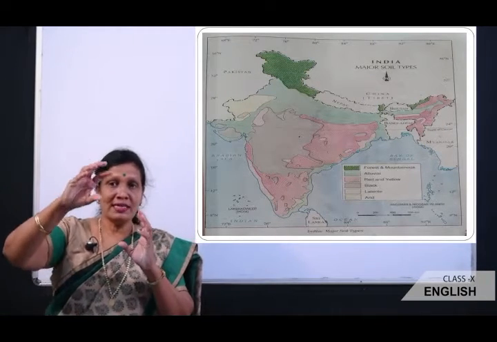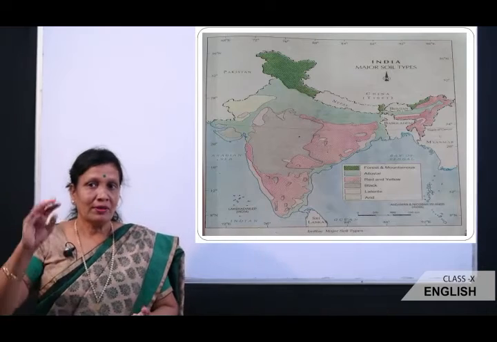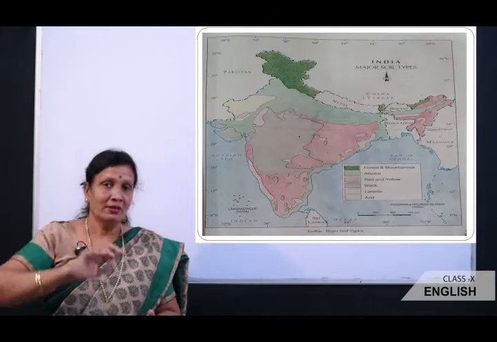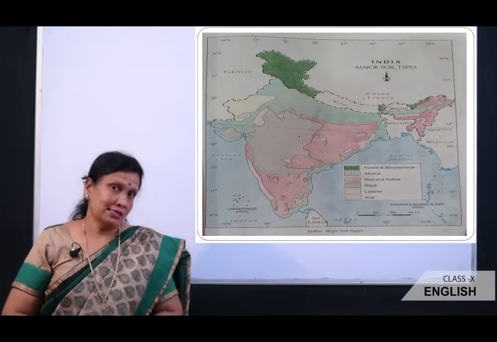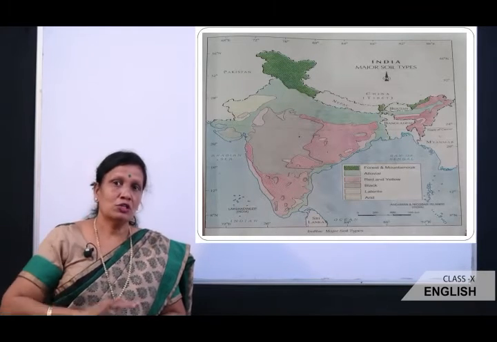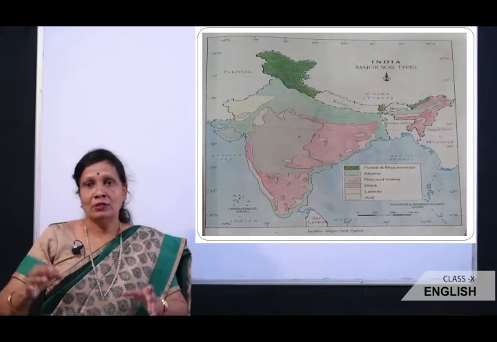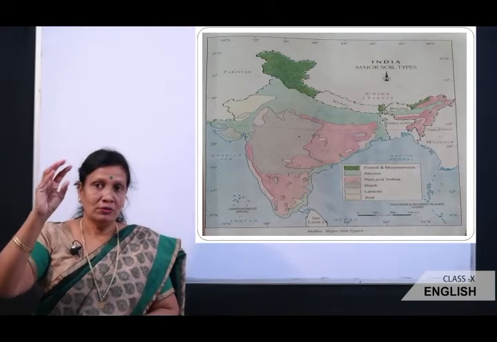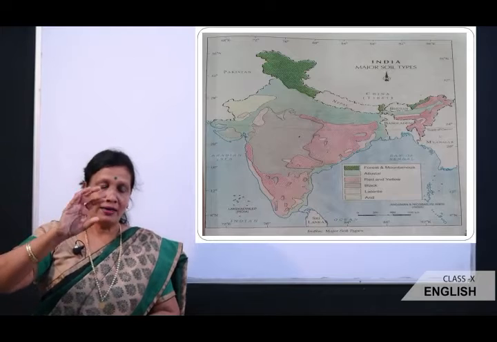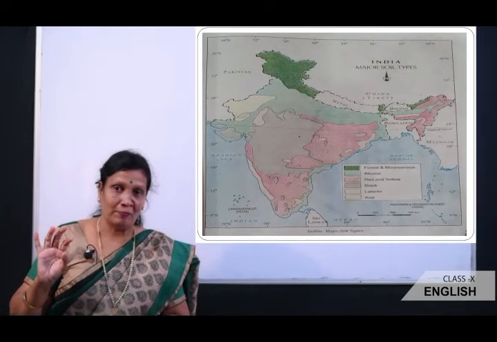Now you can see in the map different colors, and you also have the colors pointed out for the different soils that have been shown on the map. Once you look at this map, you have to first analyze and study it very carefully.